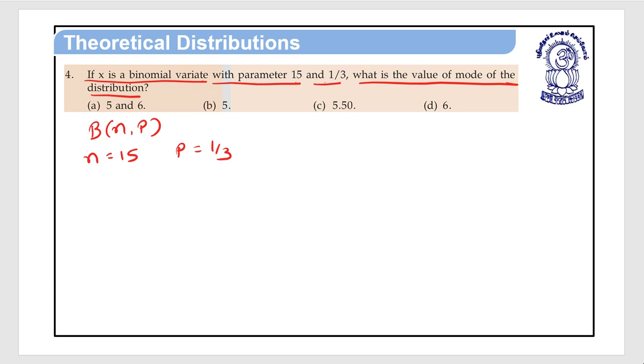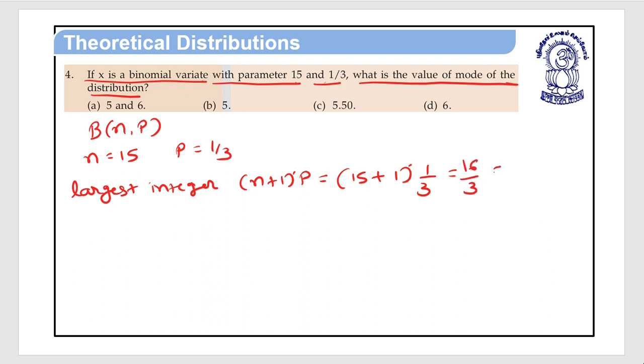Here the mode is the largest integer value of (n plus 1) into p. n is 15, so 15 plus 1 into 1 by 3. 15 plus 1 is 16, by 3 is equal to 5.33.